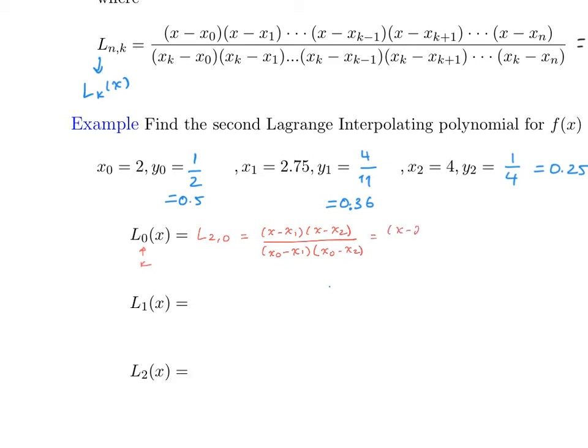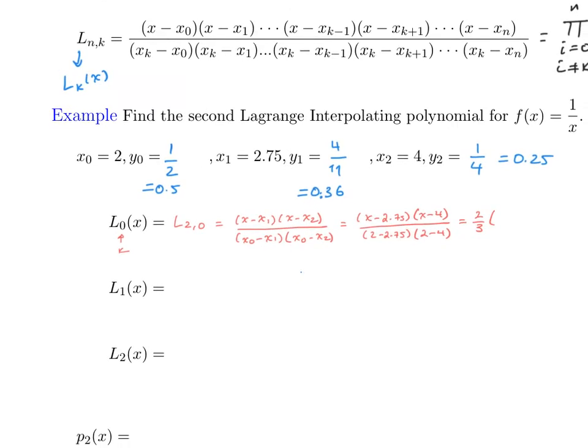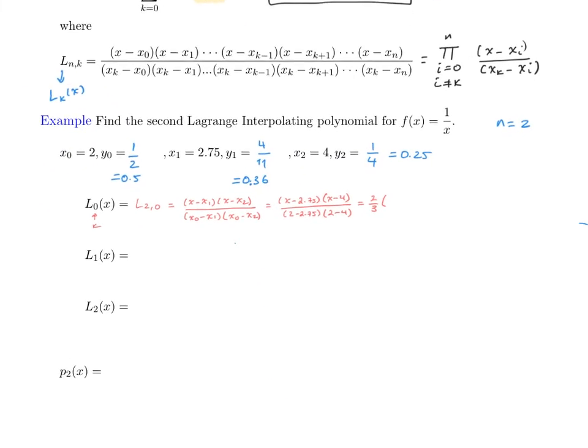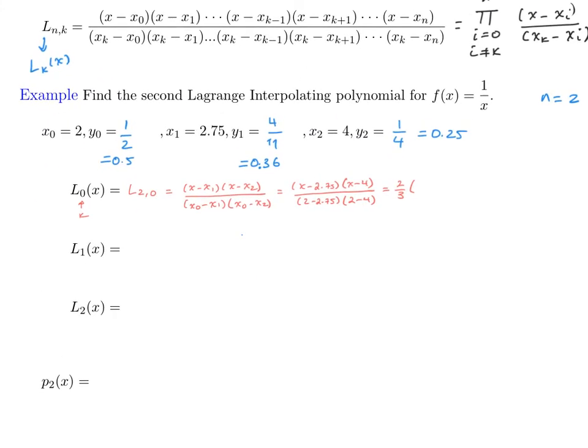This will be x minus 2.75 times x minus 4, divided by 2 minus 2.75 times 2 minus 4. And then you simplify everything, you end with 2 over 3. You can also use decimals if you want to. Times x minus 2.75 times x minus 4. And that's L0.